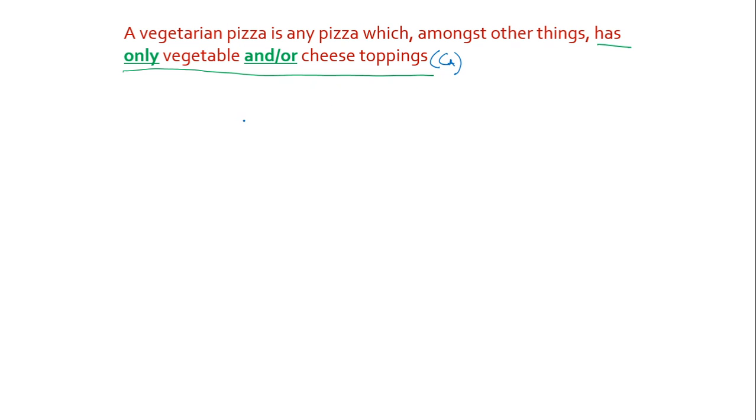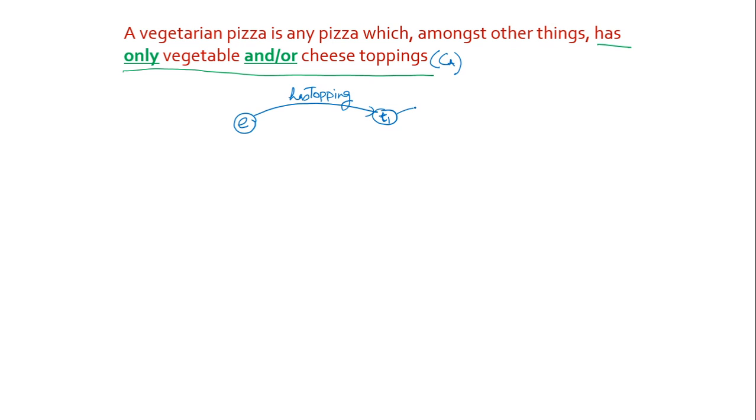Now, let's say you have got one element E, right? And it has got a topping, has topping, say T1, and T1 is either a vegetable or a cheese.